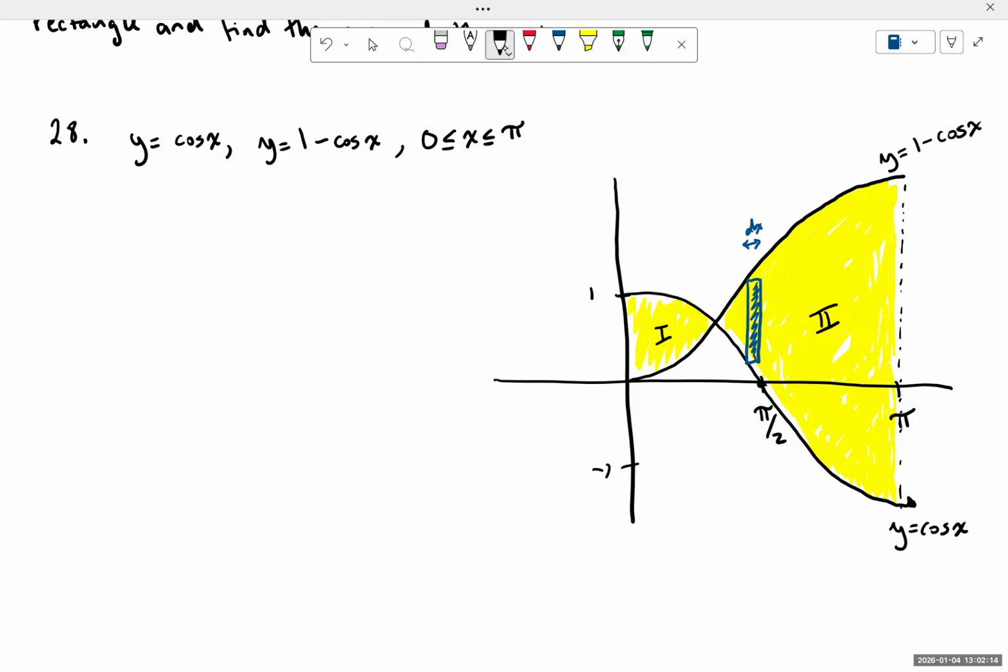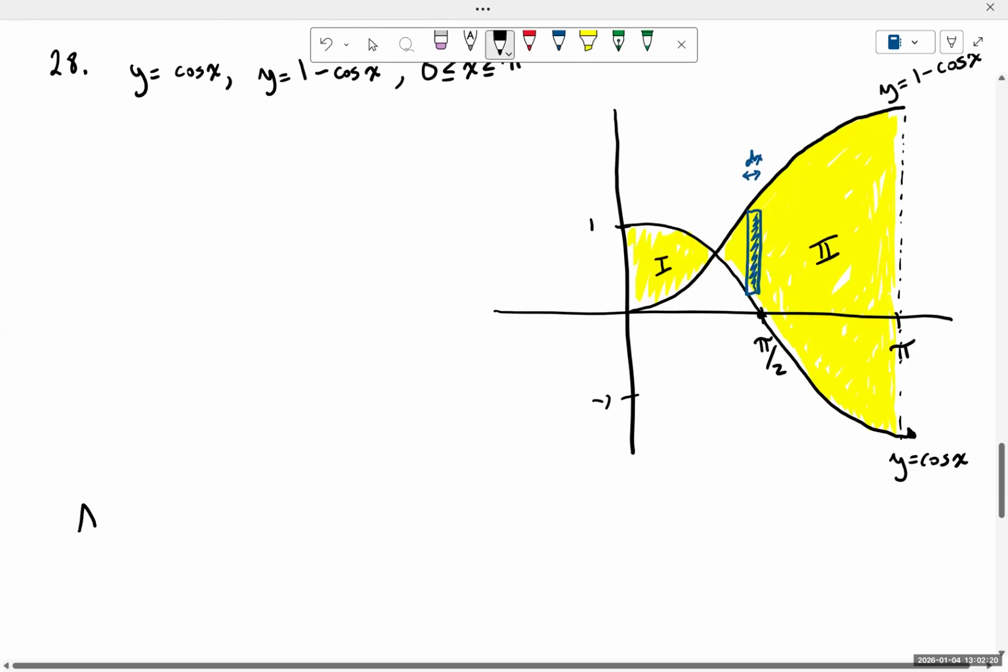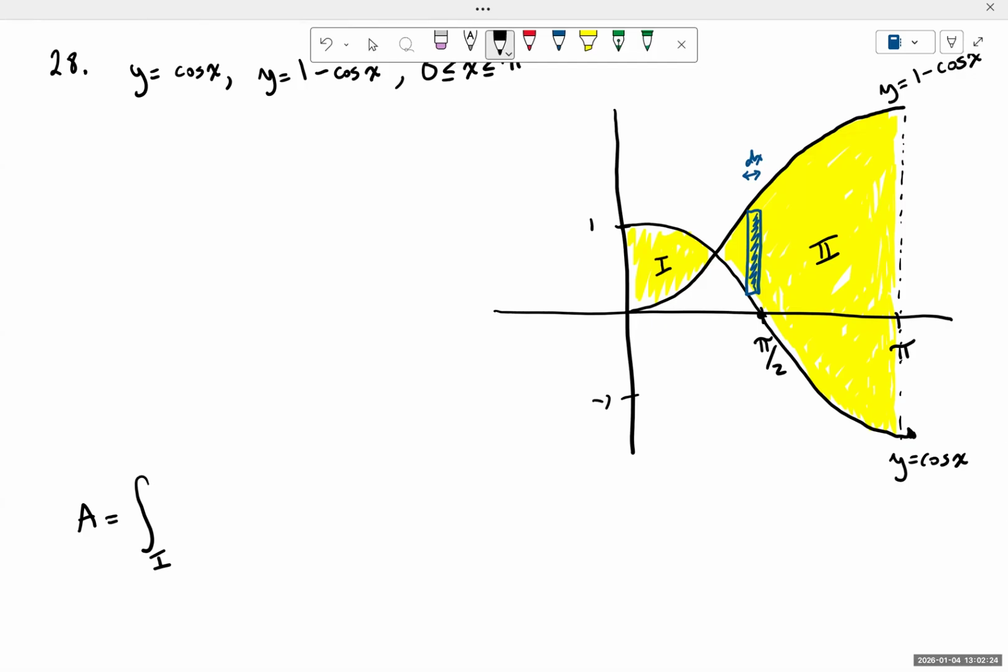So what I need to do though, I'm going to set my area integral here. Over region 1, the top curve looks like that's cosine x minus the bottom curve, which is 1 minus cosine x.